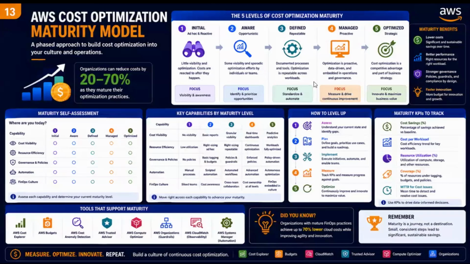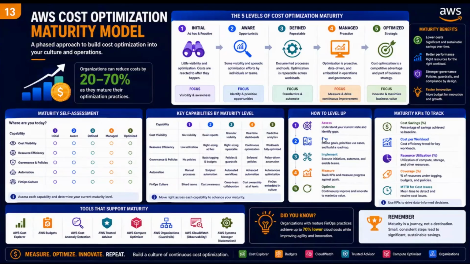So if you're talking about how to level up your optimization maturity, then definitely assess and understand your current state and identify the gaps. Then you definitely make a plan, define the goal, prioritize use cases, and build a roadmap.